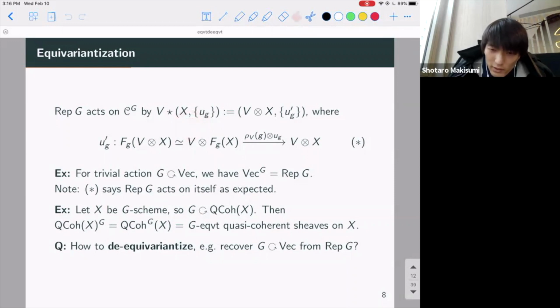So it makes sense to just take this tensor product of V with X. It's just a direct sum of a bunch of copies of X, basically. And I give this new object the following G equivariant structure, this composition.